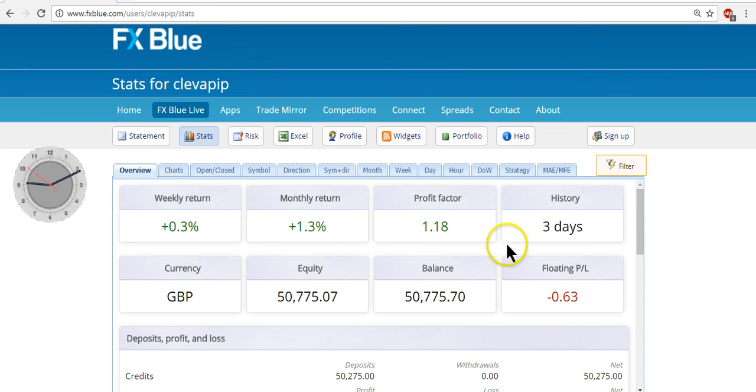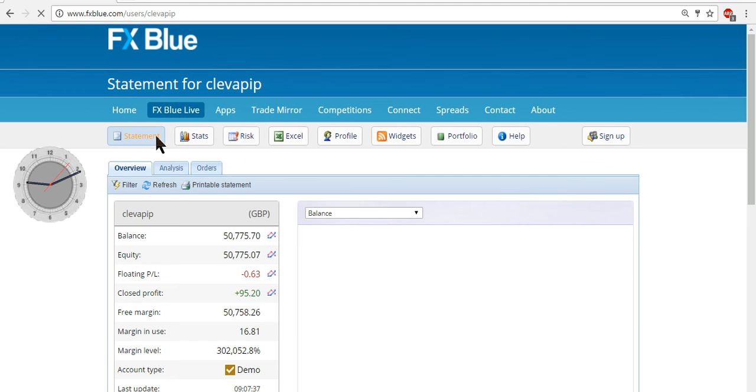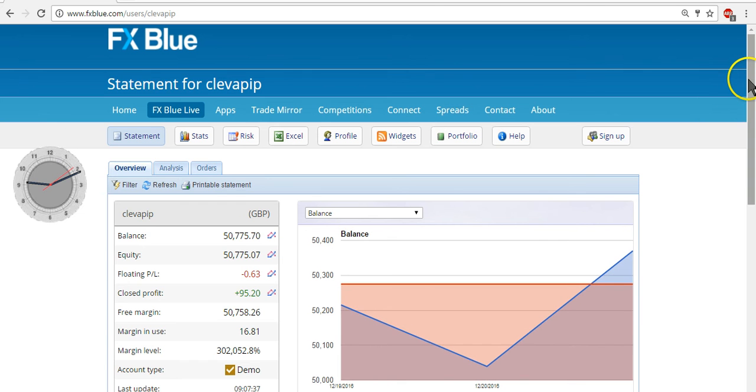Monthly return 3%. Very small. Very small orders. I don't know why I can't scroll down on that. That's odd.